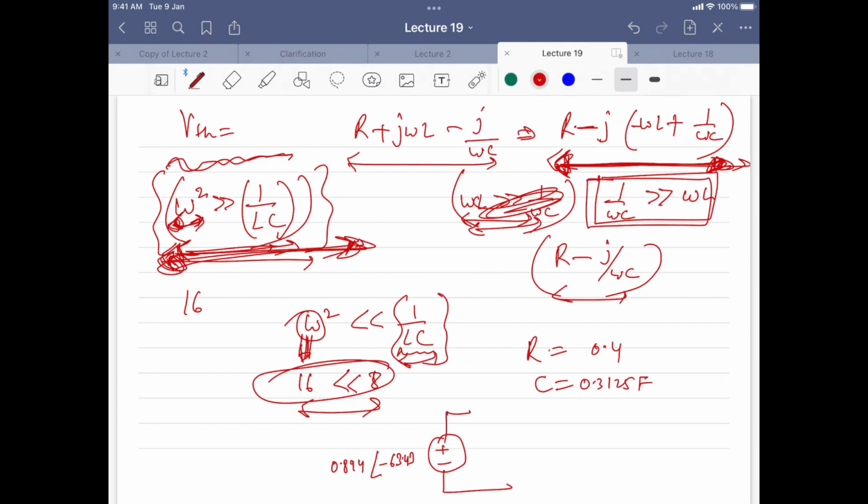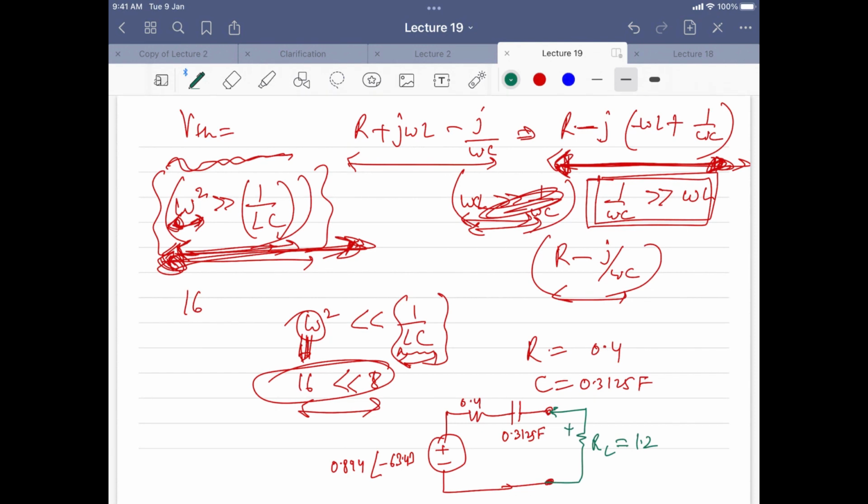And then you have 0.4 and this is the capacitor of value 0.3125 farads. And now the second part of the question is that if you have a load resistor connected here and the value of that load resistor is, what was the value? 1.2.